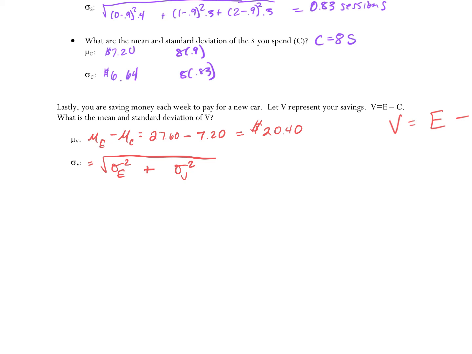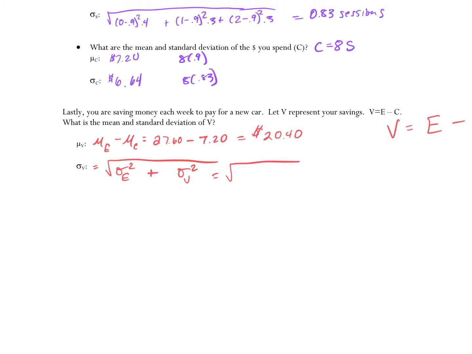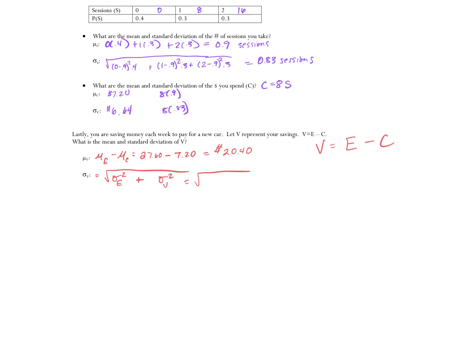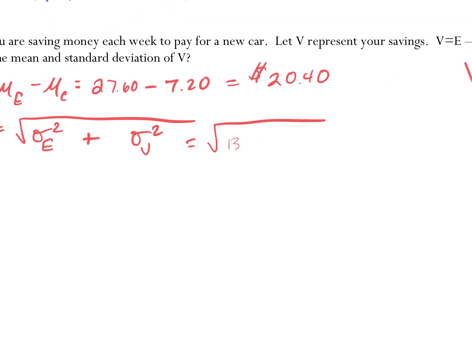Do you guys see what I'm saying here? Always going to get bigger, addition. So we would do the square root of 13.2 squared plus 6.64 squared. I got 14.78.